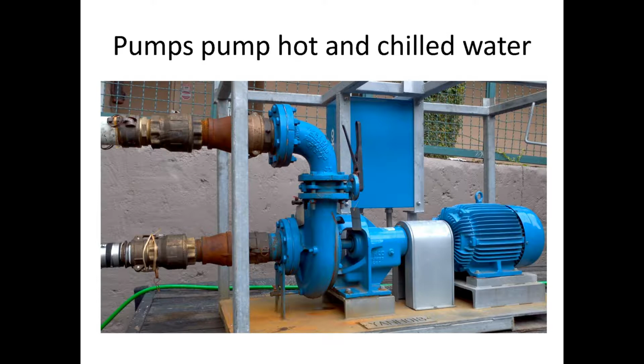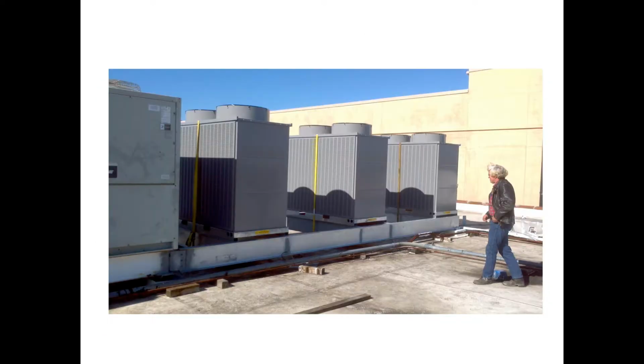Large buildings use these pumps, and they basically pump water throughout the building, either hot water or cold water, and those pipes go to air conditioners in the various spaces of the large building. The water goes through a coil in an air handler, and it absorbs the heat and makes cold air and provides air conditioning.